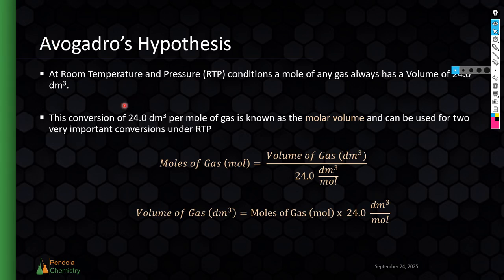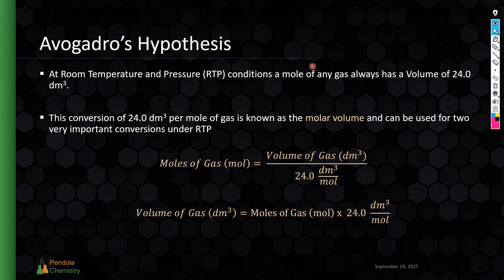And all of this is going to be based on what we call Avogadro's hypothesis, which is something that we talked about last year. Avogadro's hypothesis is that at room temperature and pressure, 1 mole of any gas is going to have a volume of 24 cubic decimeters. So it doesn't matter what that gas is. It could be carbon dioxide, oxygen, hydrogen, methane, ammonia.